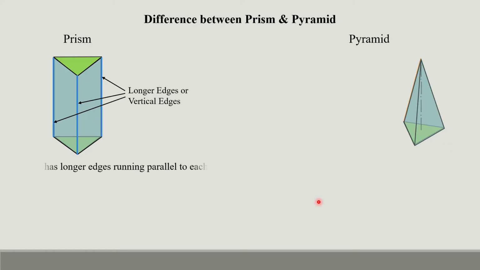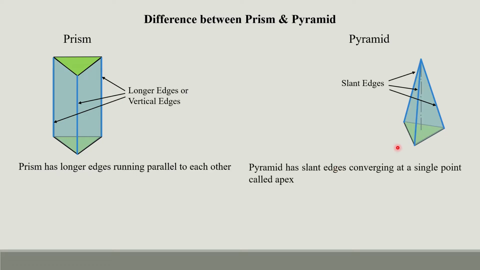They run parallel to each other from the base corners to the top corner. Whereas in a pyramid, these are called slant edges because they start from the base corners and converge at a single point which is called the apex.